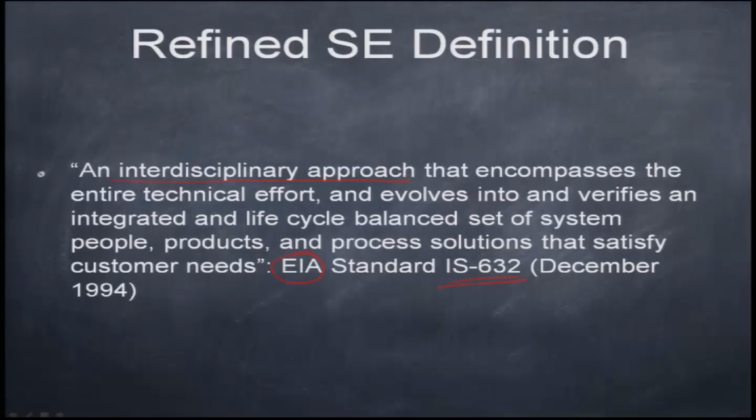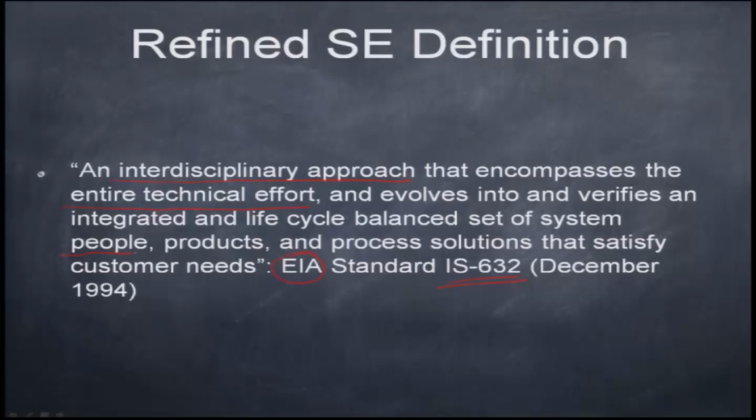So, the interdisciplinarity concept remained, that encompasses the entire technical effort. It did not talk just about deriving the specification from the customer needs. It talked about the entire technical effort related to the system design. So, this entire technical effort evolves into and verifies an integrated and life cycle balanced system solution.